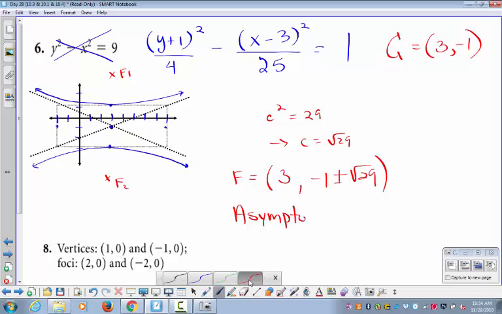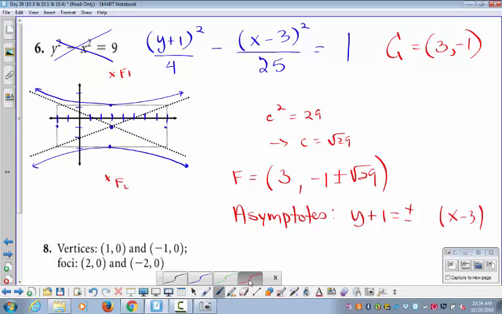Then the asymptotes: y plus 1 equals plus or minus the slope, times x minus 3. So we grab the y shift and put it on the left, the x shift and put it on the right, plus or minus, and the slope is what? 2/5.